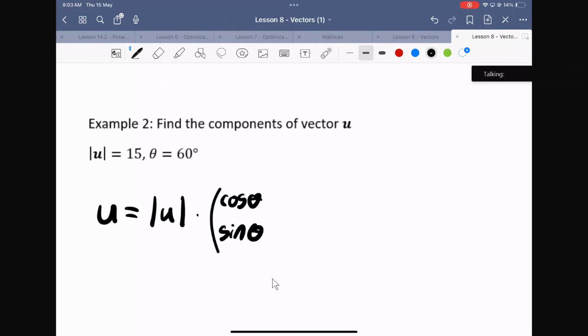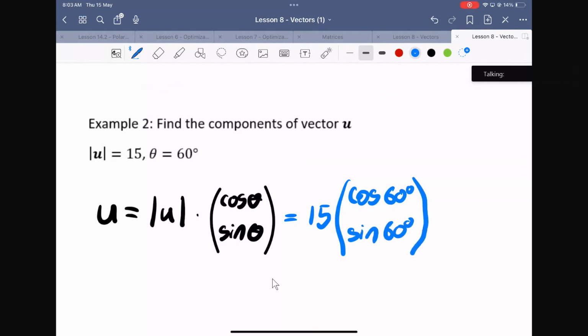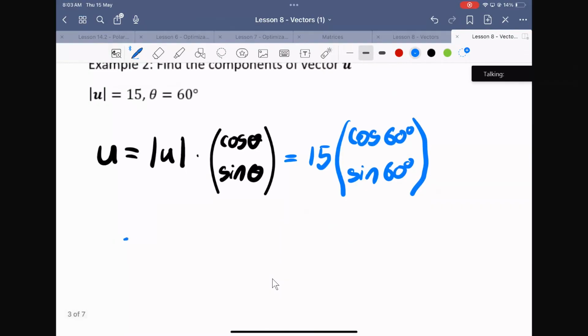And there's the formula for this. So this gives us 15 times cosine 60 degrees, sine 60 degrees, which is going to be 15, what is the cosine? It's a half, and this is root 3 over 2.